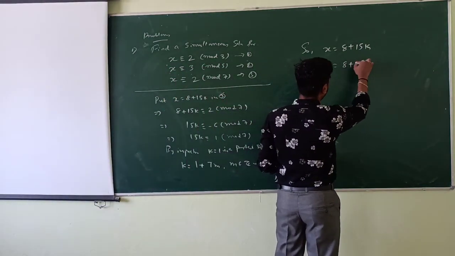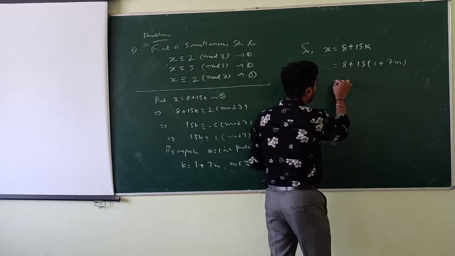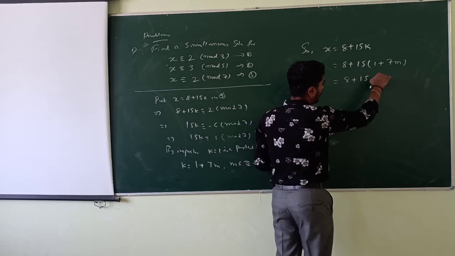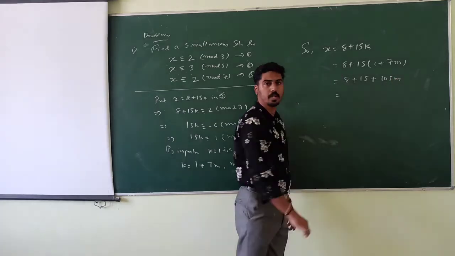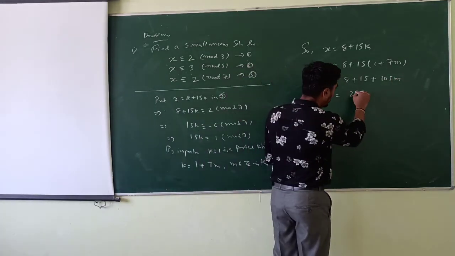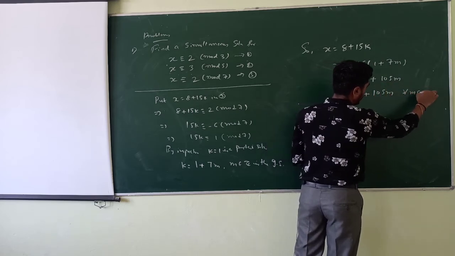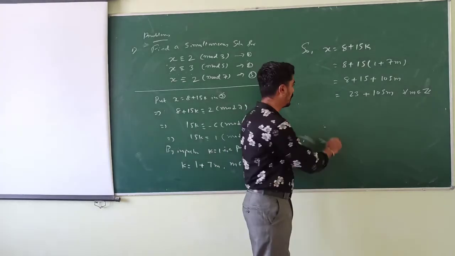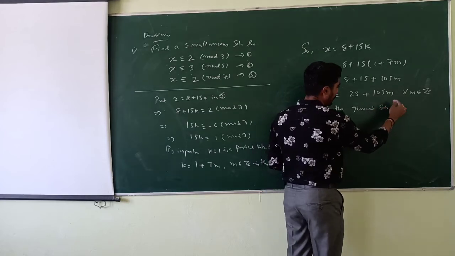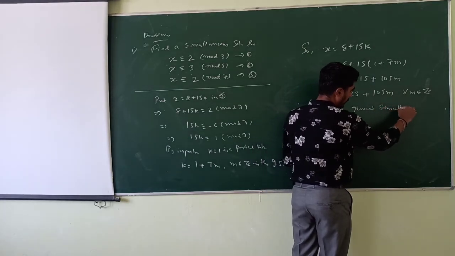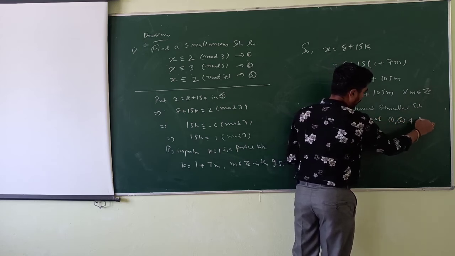We get 8 plus 15 into 1 plus 7m, which is the same as 8 plus 15 plus 105m, or 23 plus 105m for all m belongs to Z, the general simultaneous solution of 1, 2 and 3.